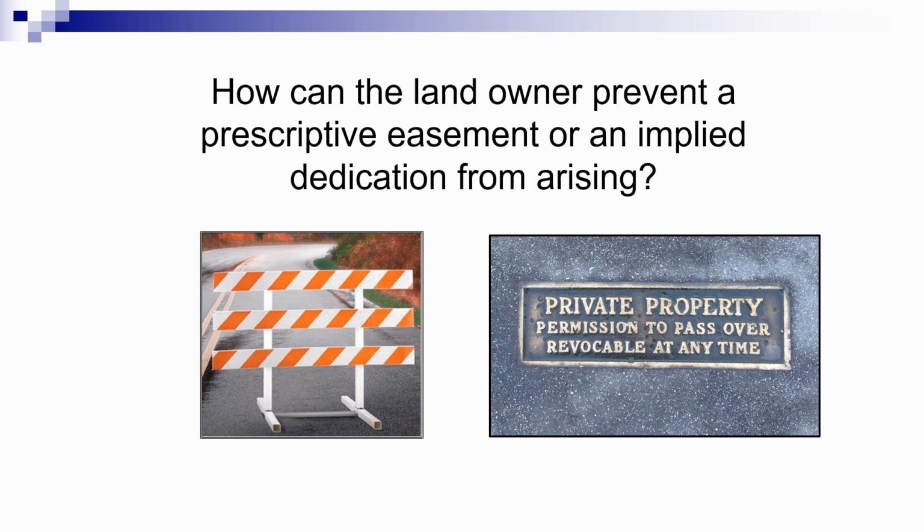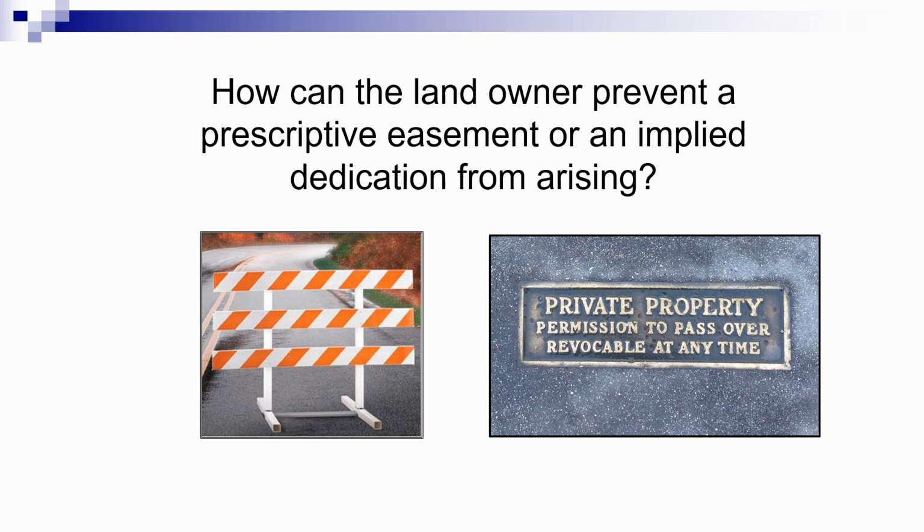If you were a landowner and you noticed that members of the public were going across your property, how could you prevent a prescriptive easement or an implied dedication from arising? Well, there are two standard answers to that question. One answer is that you might block off the pathway that the public is using for some period of time on a regular basis.